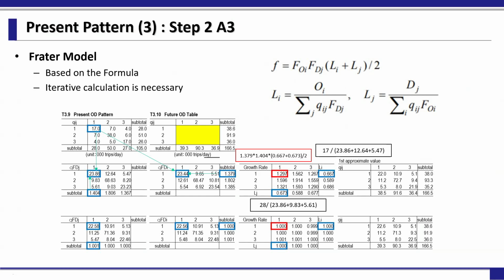Then the future trips will be developed. Strada also has functions to execute the Fratar formulation, so in the next sessions, I will explain how to use this Fratar model.